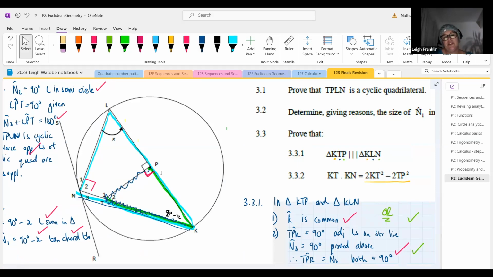Just give you another chance to think a little bit more. Anyone got any ideas?